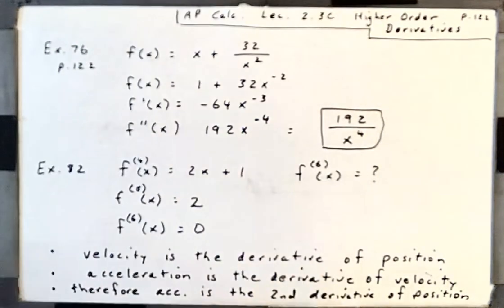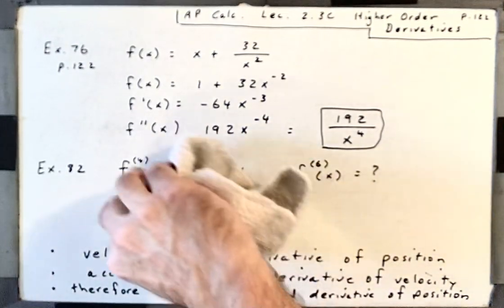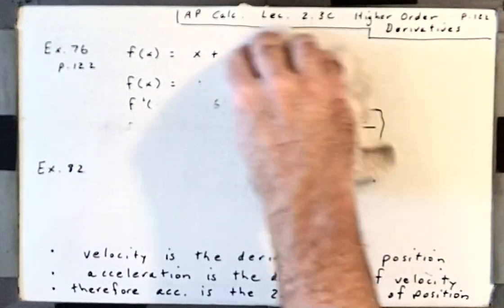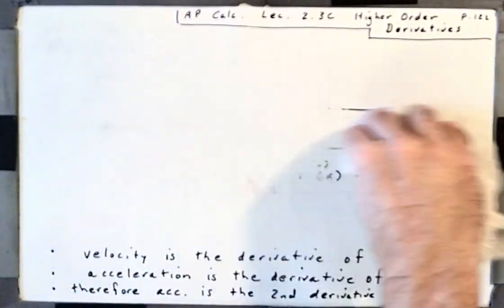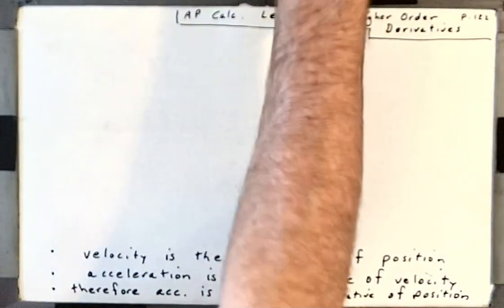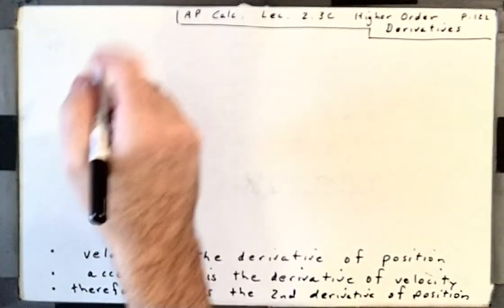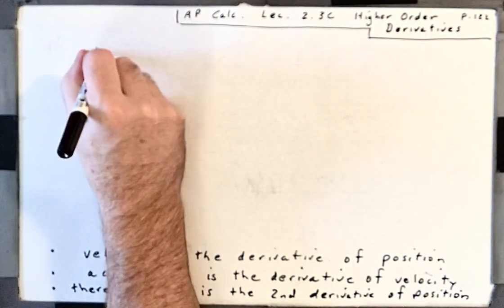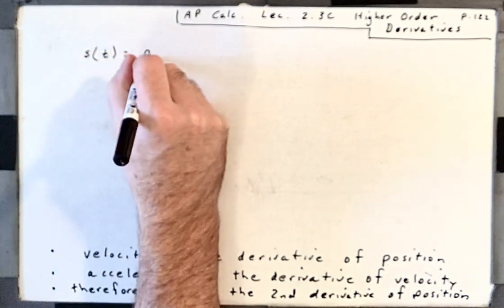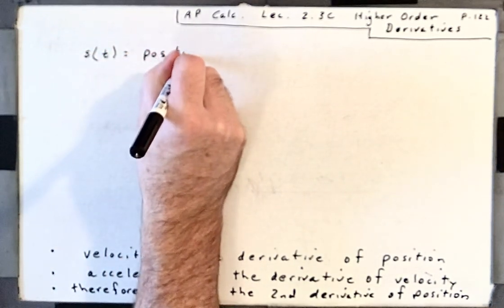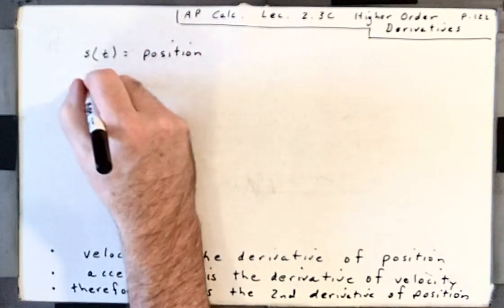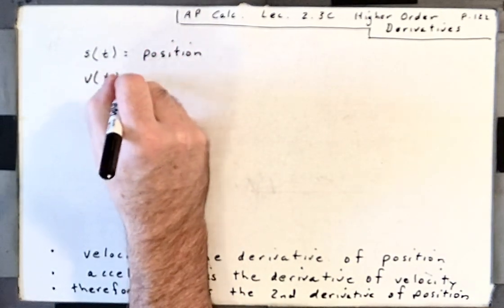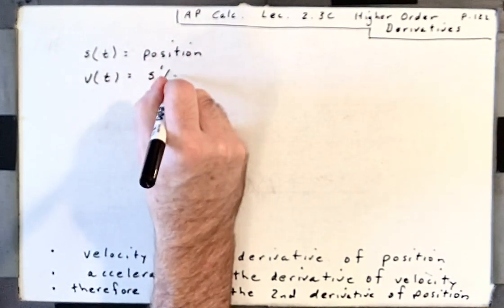Okay, so if we were to do this, with our nomenclature, if you start out with s of t, then v of t, the velocity, is equal to s prime of t.